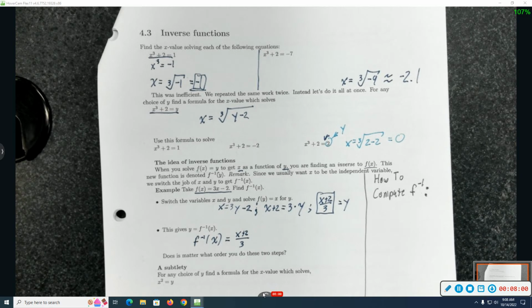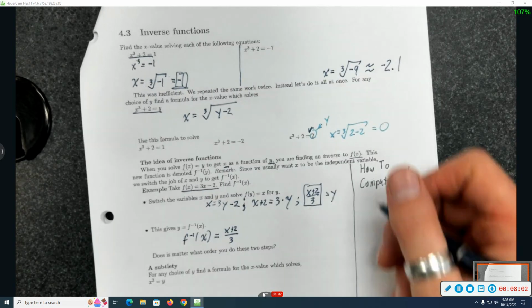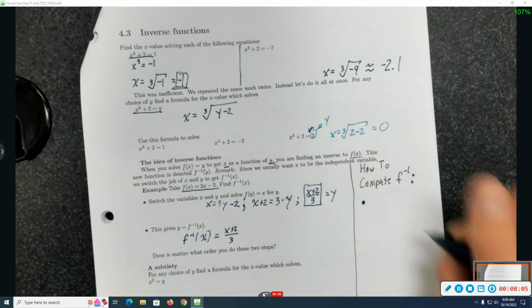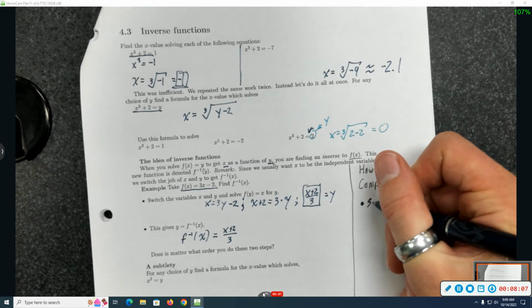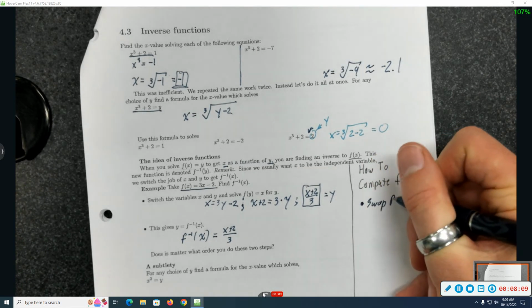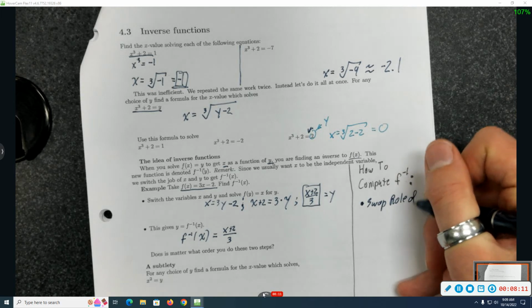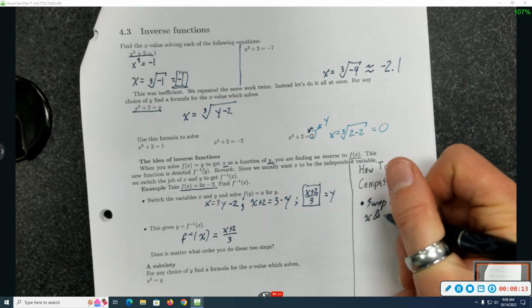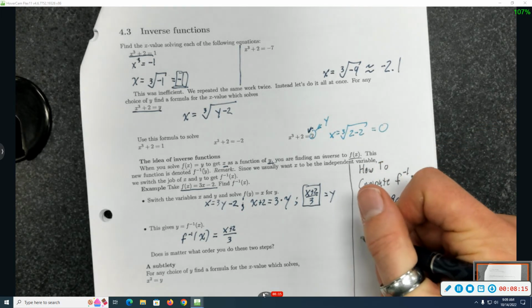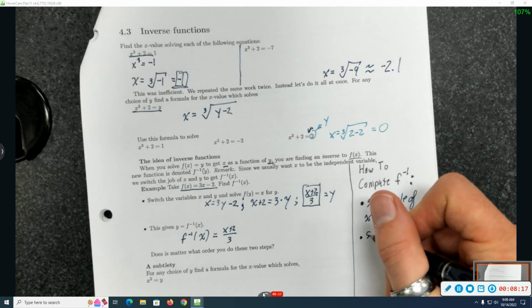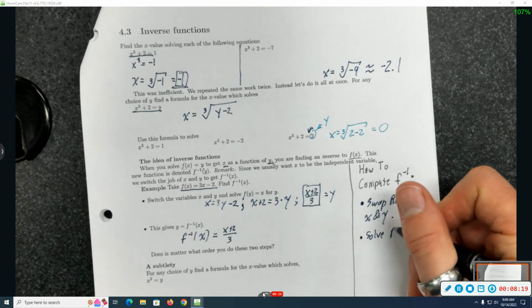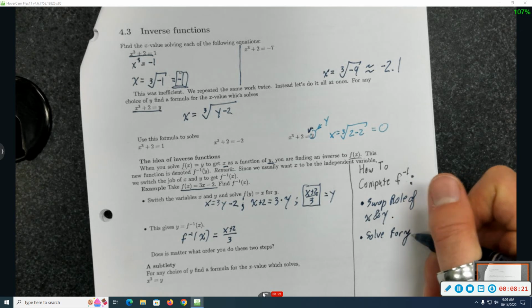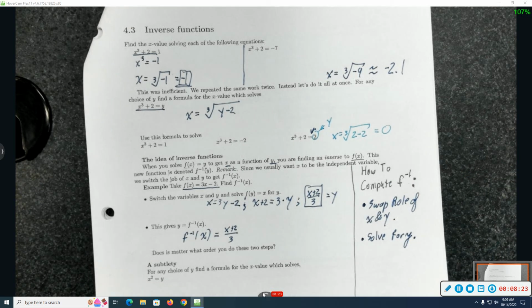So in general, if you want to find the inverse to a function, there are two things to do. Swap the role of x and y, and next, solve for y. Those ideas make sense? Do you think it matters what order you do those two steps in?